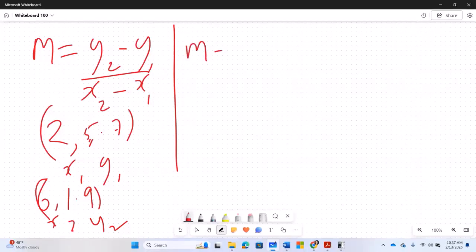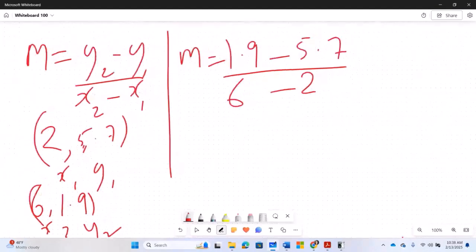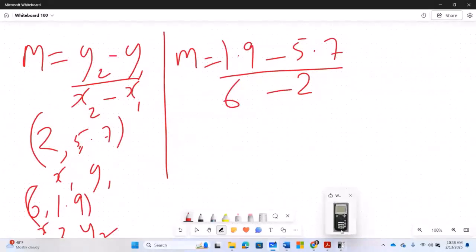So the slope connecting these 2 points is y2 minus y1. So y2 is 1.9 minus y1, 5.7, divided by x2 minus x1, 6 minus 2. So let's simplify. We can do it with a calculator or just by hand.